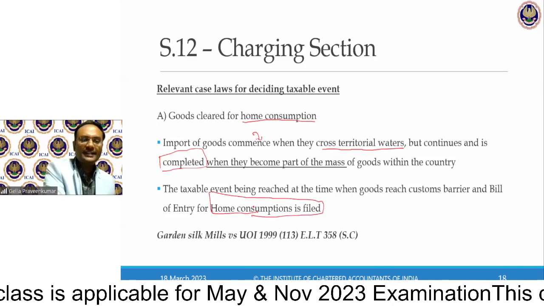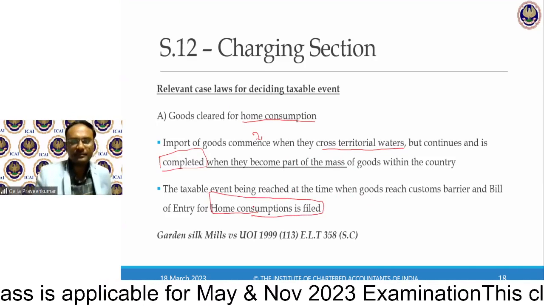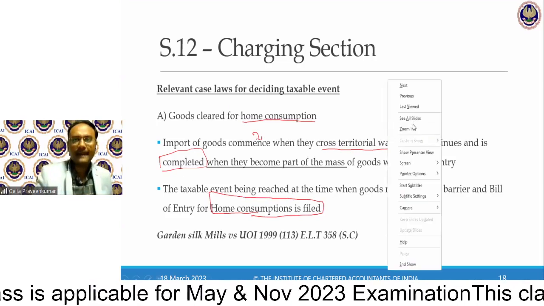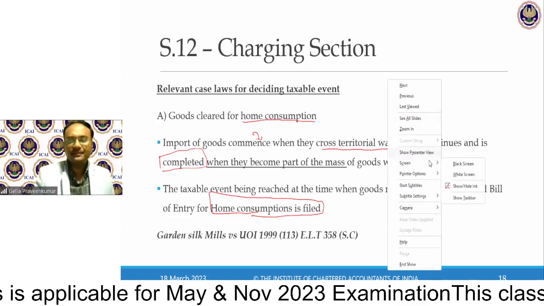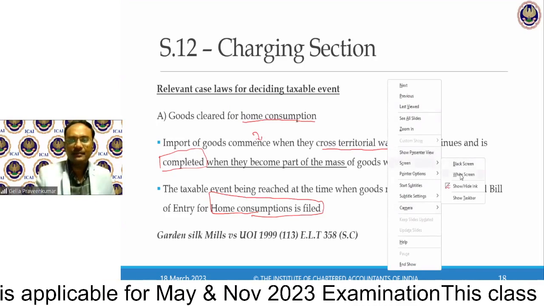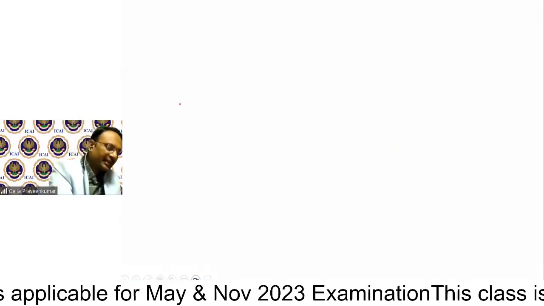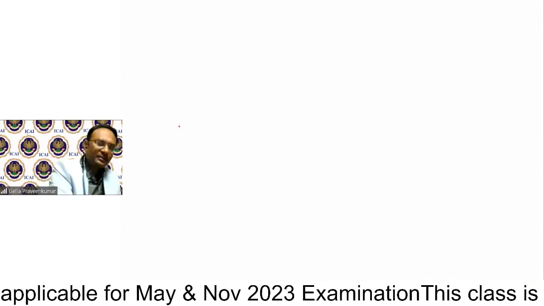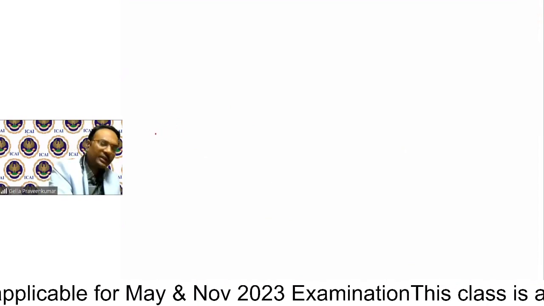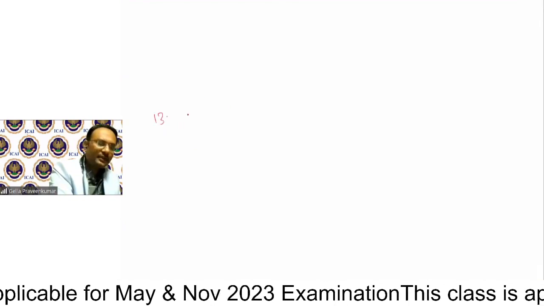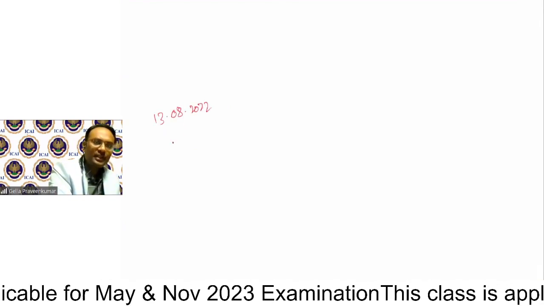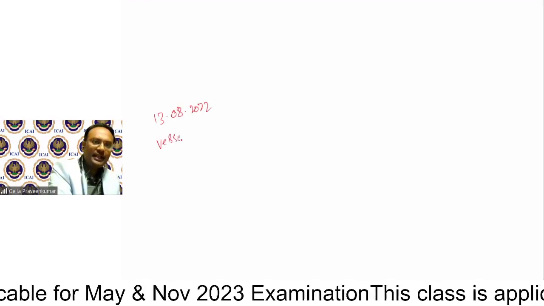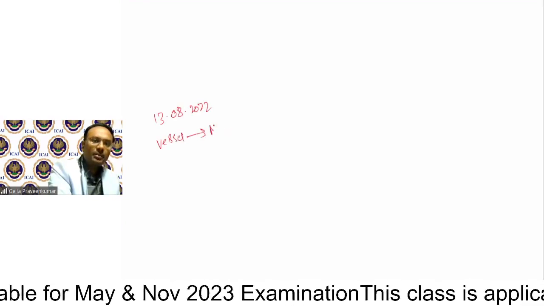Now I'll give you an example. Let me just take a blank screen. Say, for a moment, on 13th August 2022, a vessel has made its entry to Mumbai port.